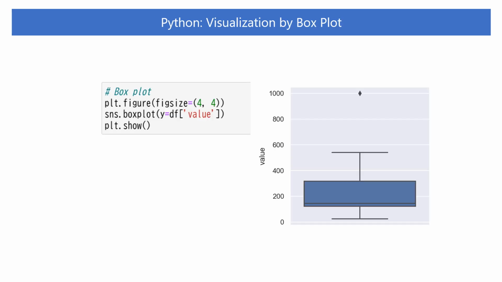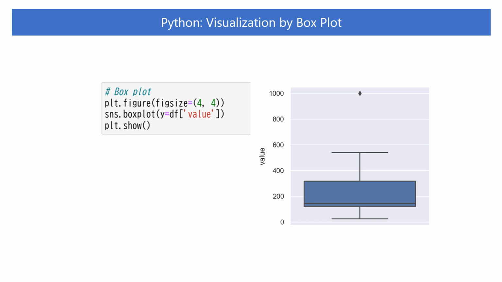A box plot is a method of displaying the distribution of data based on 5 summary statistics. These 5 statistics are minimum, first quartile, second quartile, also known as the median, third quartile, and the maximum. The whiskers of the box plot extend from the first quartile and the third quartile to a distance of 1.5 times the IQR.